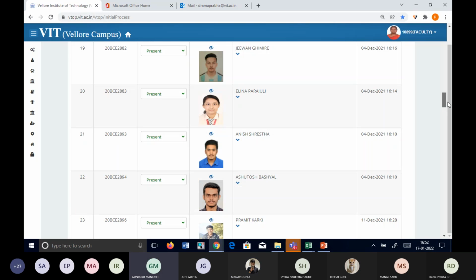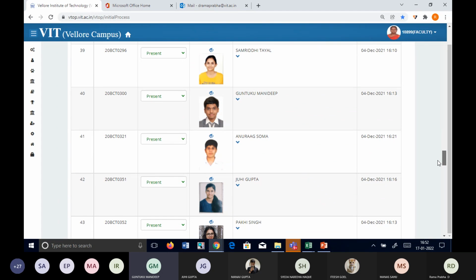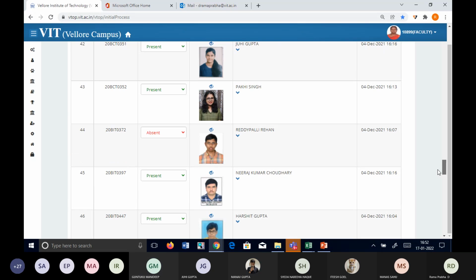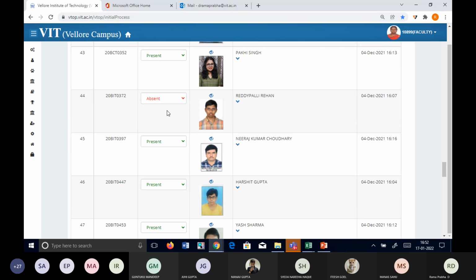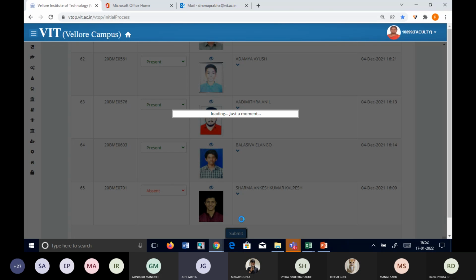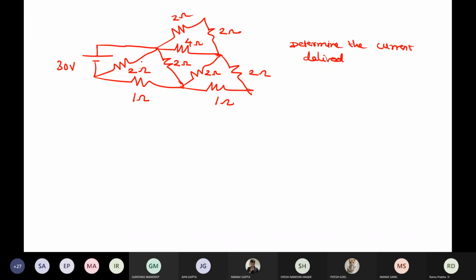The answer is 1.054, ma'am. 1.05 will be the total resistance. If you are taking your own values, you can give the answer according to that. If you take 2 ohms for easier evaluation, you can give your answers. So we will complete this so that next class we'll straight away go to the next analysis.